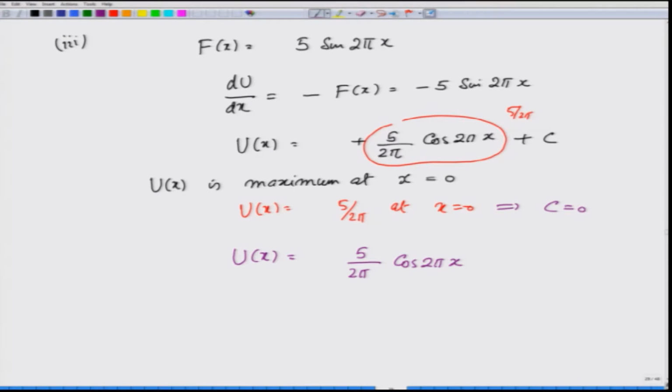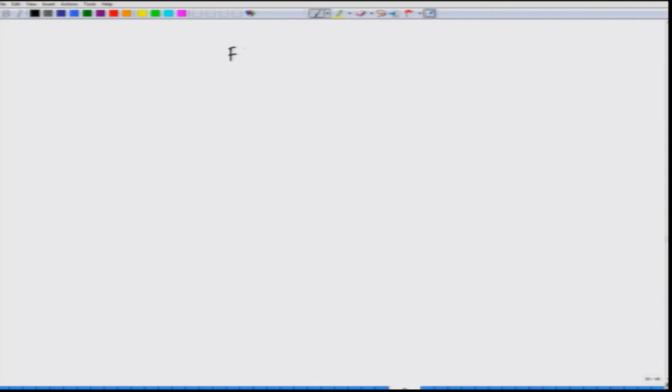Let us plot it. So, my force fx is 5 sine 2 pi x, and ux comes out to be 5 over 2 pi cosine of 2 pi x. Let us plot the force first.